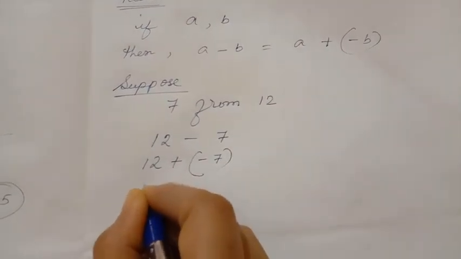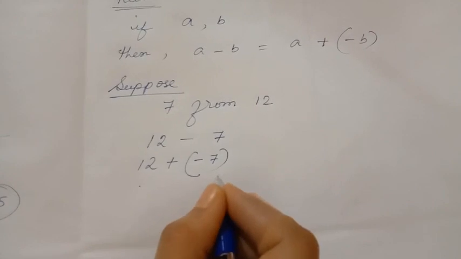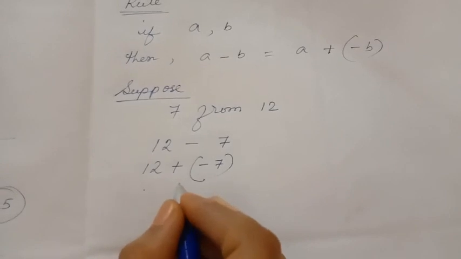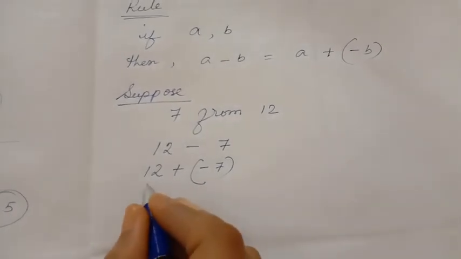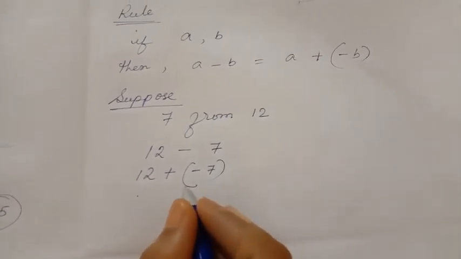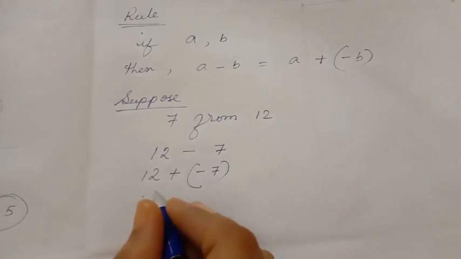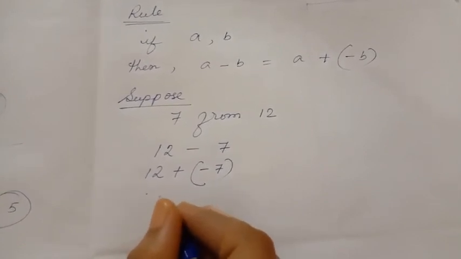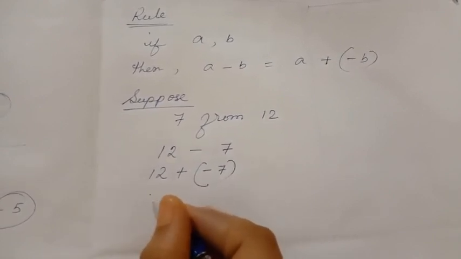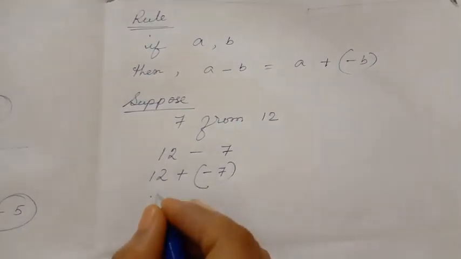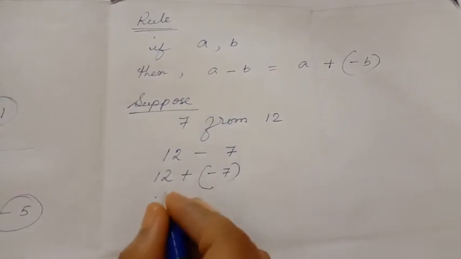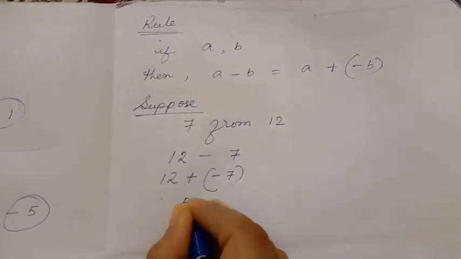Now we have to apply the rule of the addition. What was the rule of the addition? To add one positive and one negative integer, you have to subtract the smaller one from the larger one, and you have to put the sign of the larger number in front of the value obtained. So first we have to subtract the smaller one, that is 7, from the larger one, that is 12. So we are getting 5.